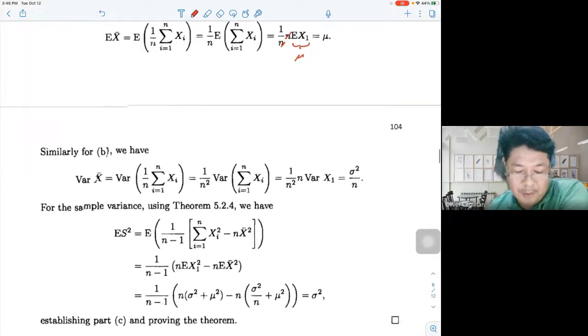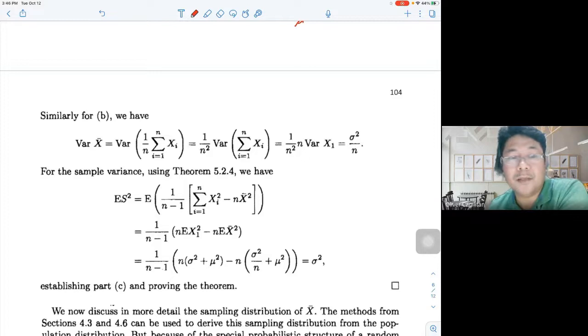And then for the variance of x bar, the first equality, we just apply the definition of the sample mean, and then apply the property of the variance. The variance of 1 over n times the summation of x sub i would be equal to 1 over n squared, that's a property of the variance, times the variance of the finite summation of x sub i.